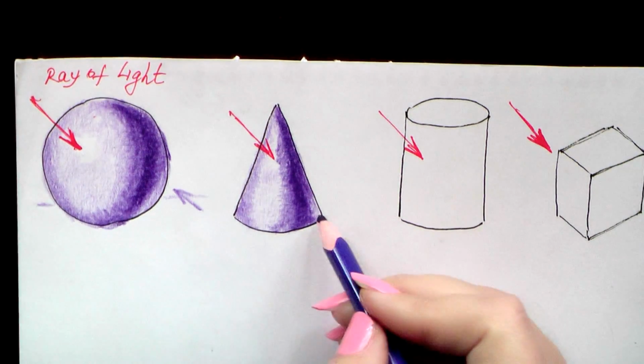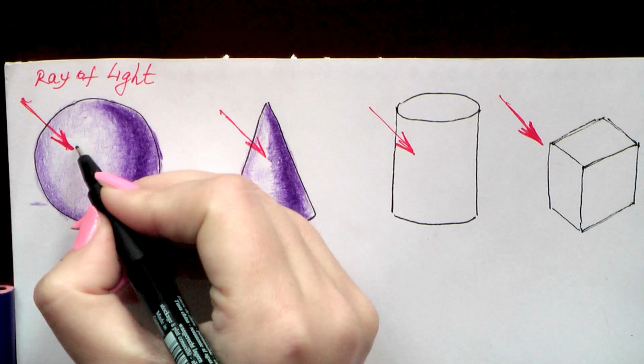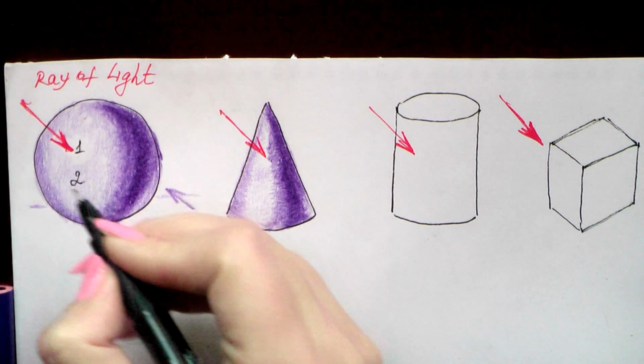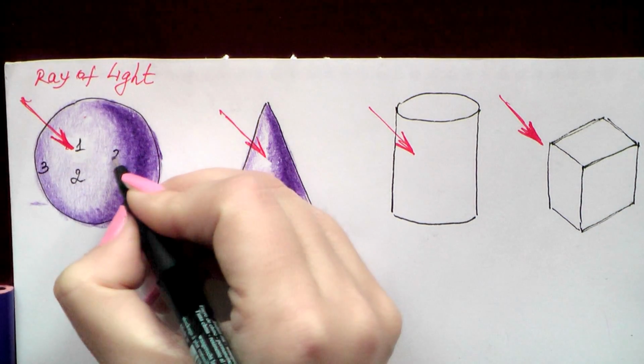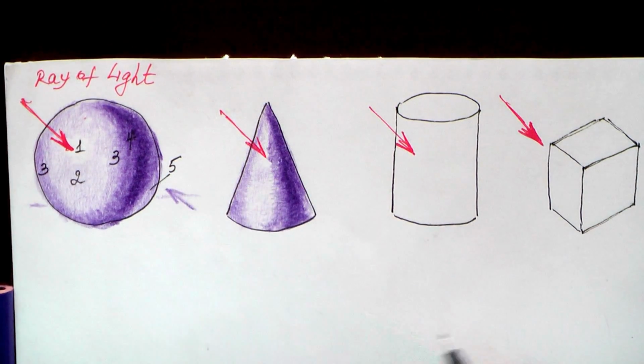Just like this, and the reflected highlight. So one, two, three, four, five.